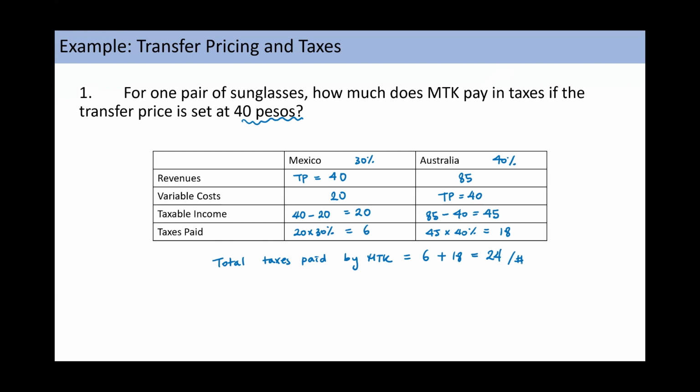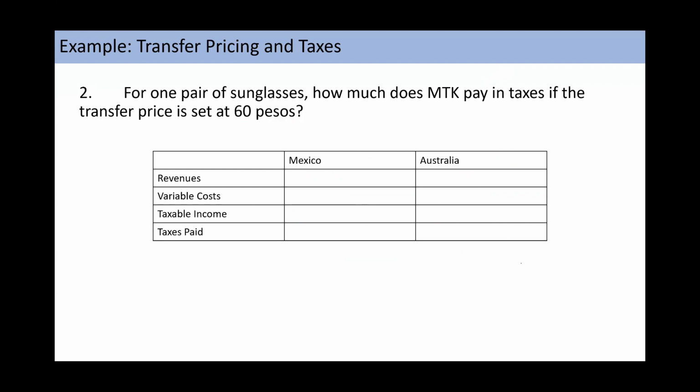Now let's look at a situation where MTK sets the transfer price at the upper bound, which was 60 pesos. So now, for each pair of sunglasses, the Mexican office earns a revenue of 60 pesos, which is equal to the transfer price.